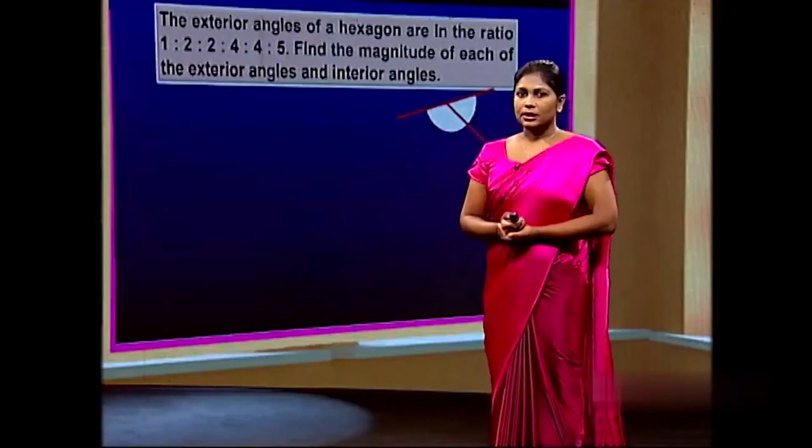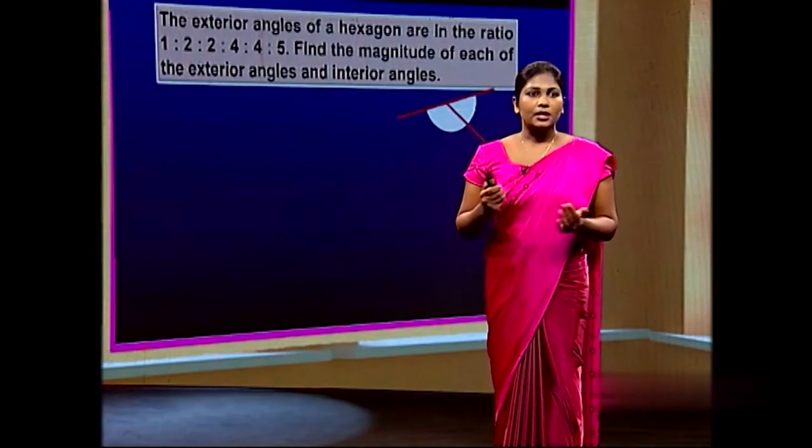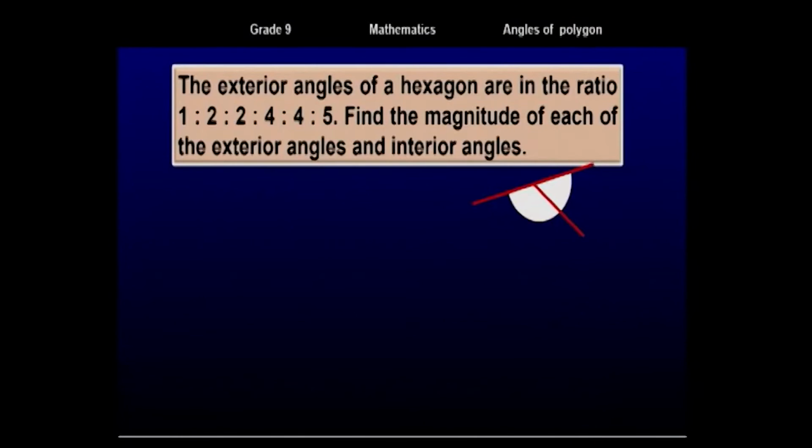They are given unknown terms and we find the value of those things. Look at this. Read this question. The exterior angles of a hexagon are in the ratio 1:2:2:4:4:5.